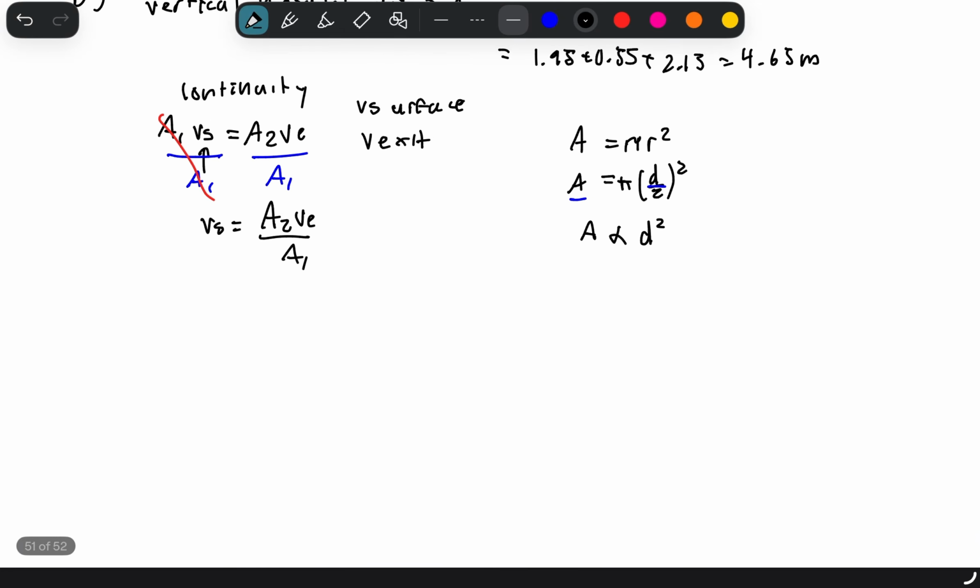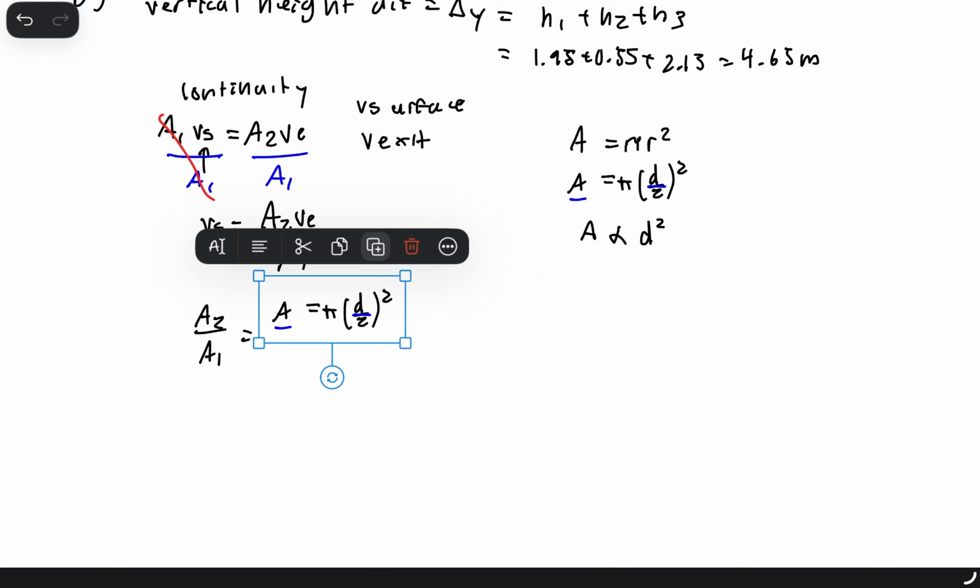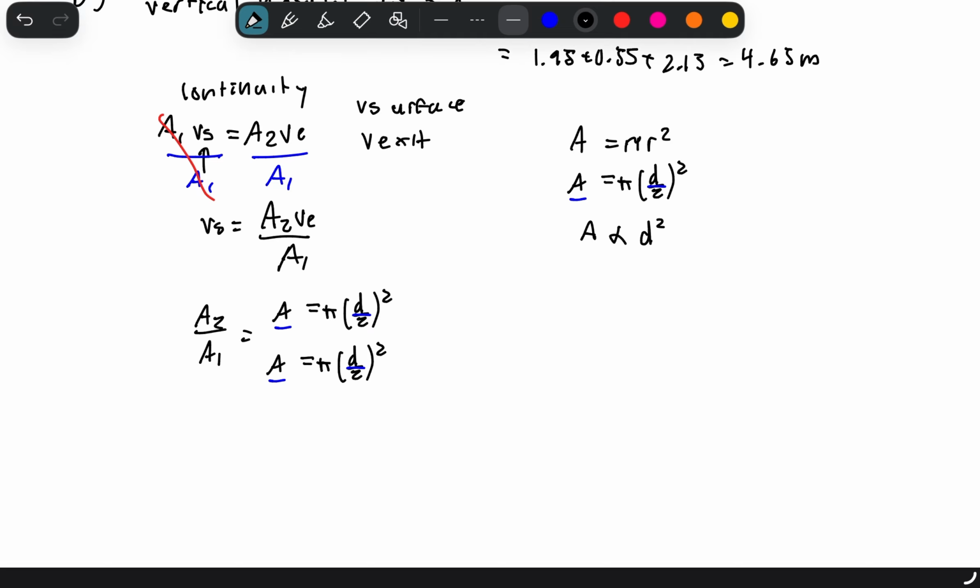Now we can just substitute this into our problem. We know that in this problem, we have a ratio A2 over A1, which is visible right here. And we can write that equal to the formulas for the areas. So if this is the formula for our area, we can just write this with the corresponding diameters for the different areas here. So when you're at area 2 and area 1, you're going to have D2 and D1.